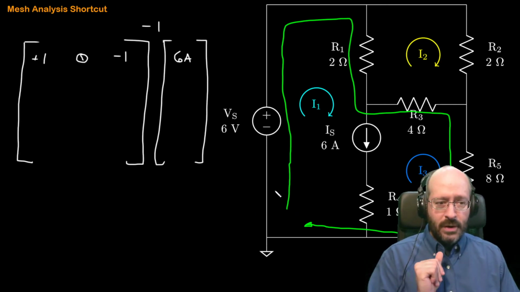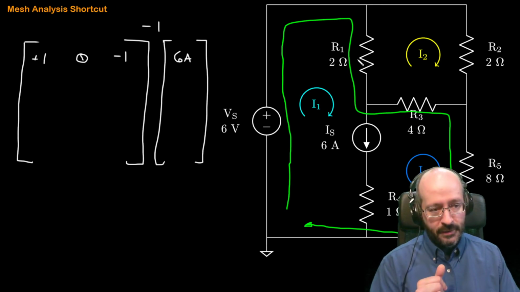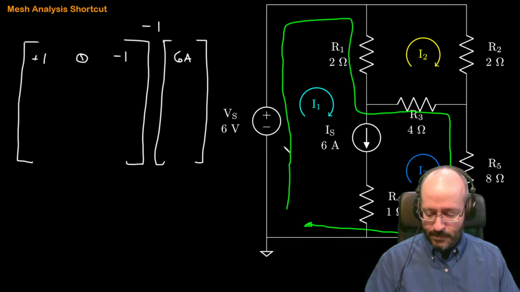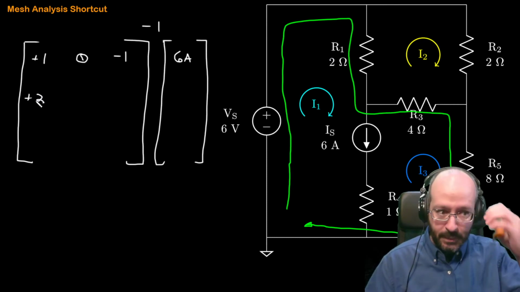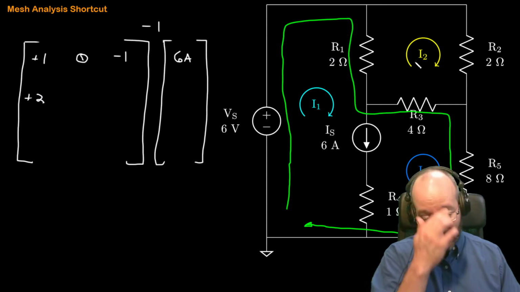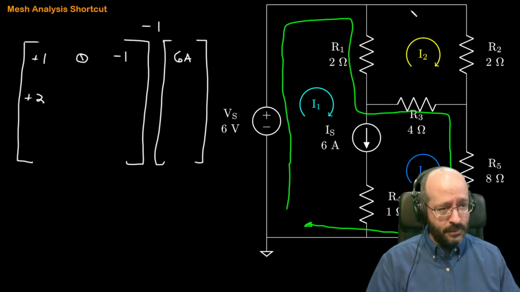Okay, so what does I1 touch that's on the super loop? So I1 touches R1, and that's 2. And I1 is part of the super loop, so it's going to be positive. What does I2 touch that's on the super loop? It looks like I2 flows around here.